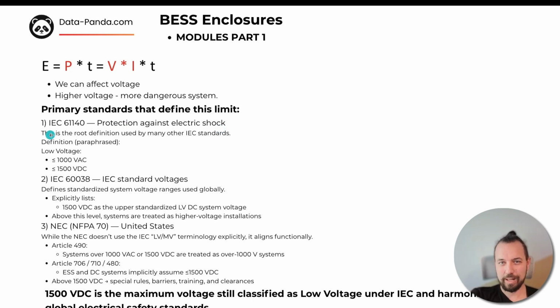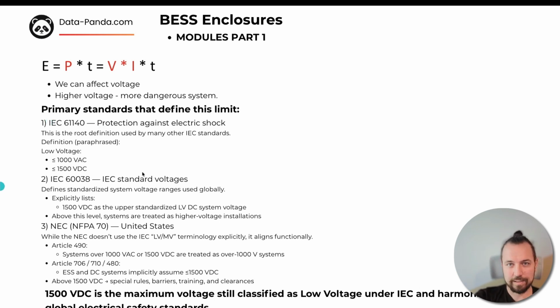International electrical safety standards clearly define where low voltage ends. You can see IEC 61140, which is the root document for electrical shock protection, defines low voltage as up to 1000 volts AC or 1500 volts DC. And the rest of the standards do the same.